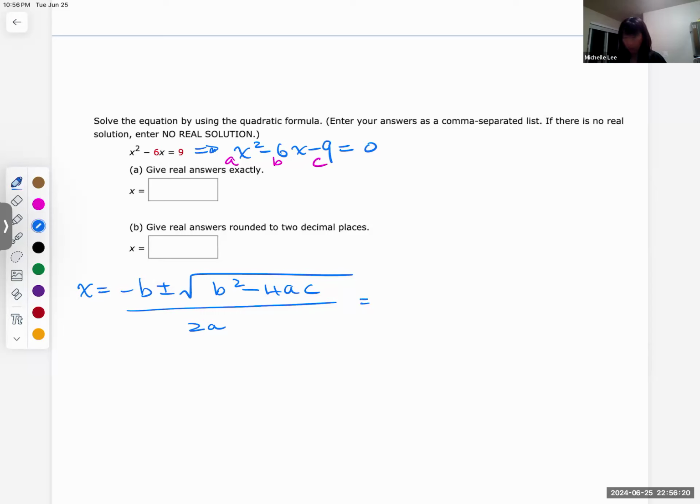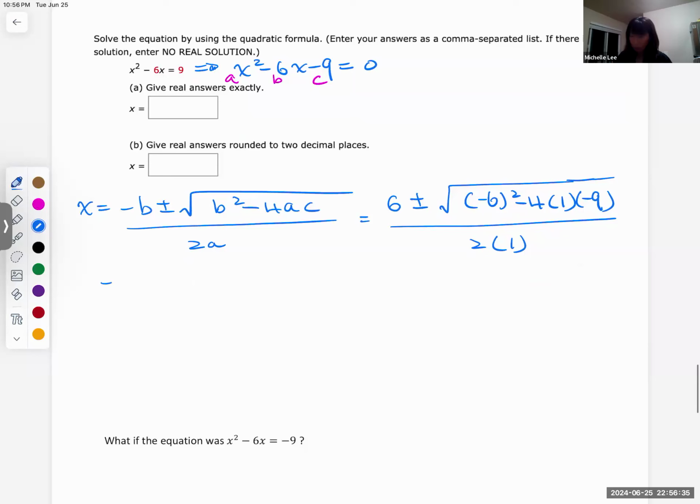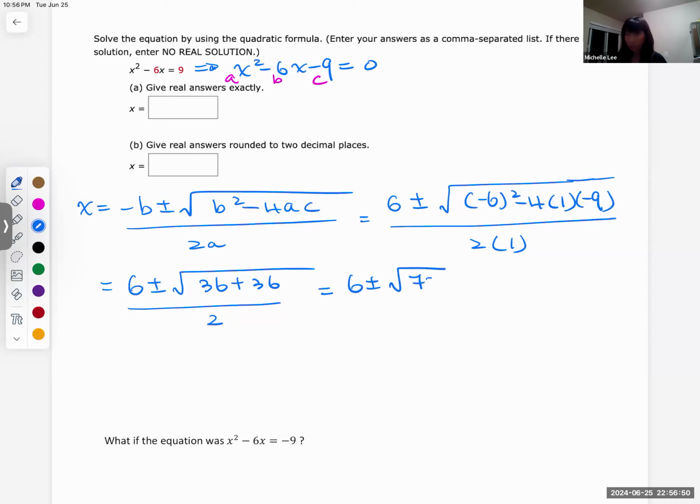So minus b, which is a positive 6, plus minus the square root of b squared, which is negative 6 squared, minus 4 times a times c, all over 2 times a. So we have 6 plus minus the square root of 36 plus 36 over 2, right? Okay, then there will be 6 plus minus the square root of 72 all over 2.